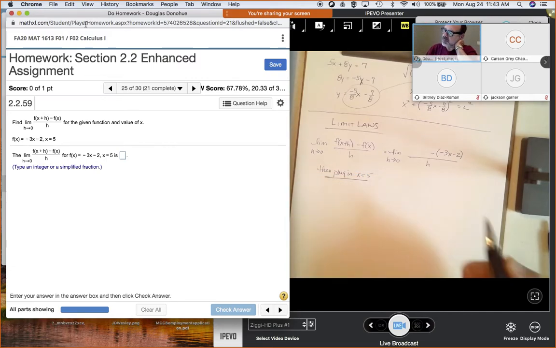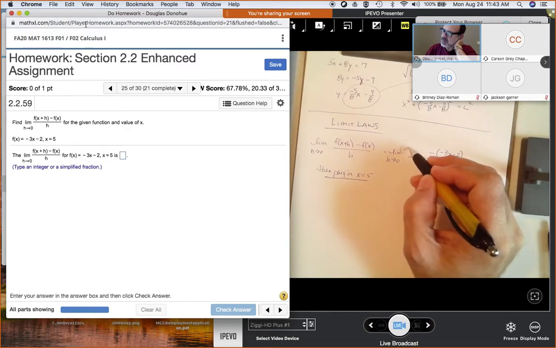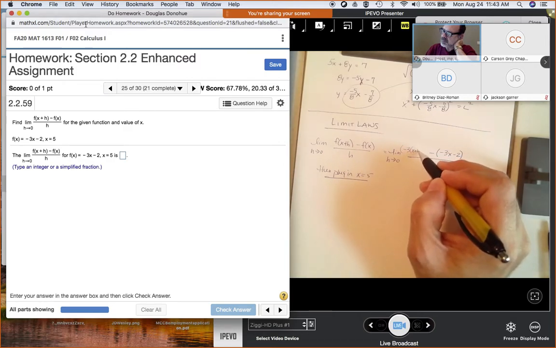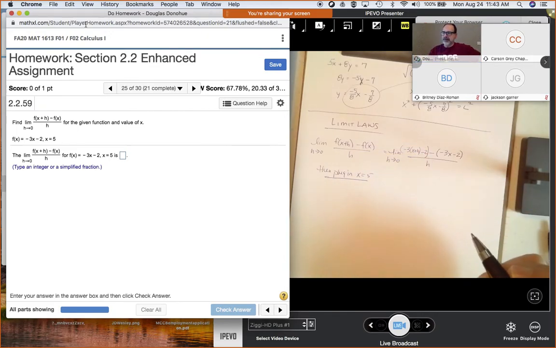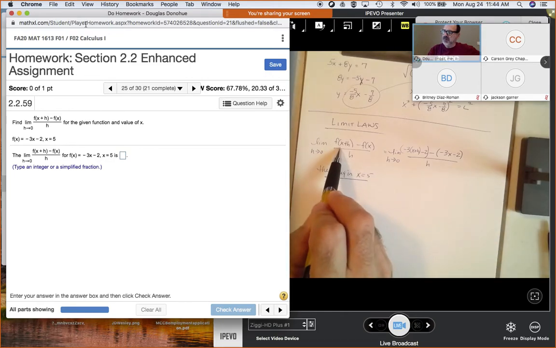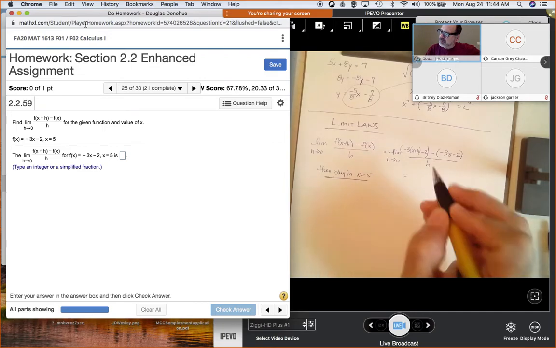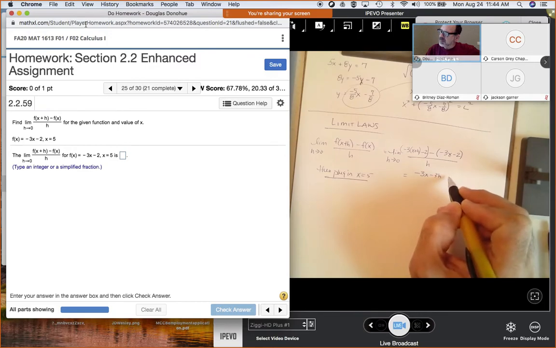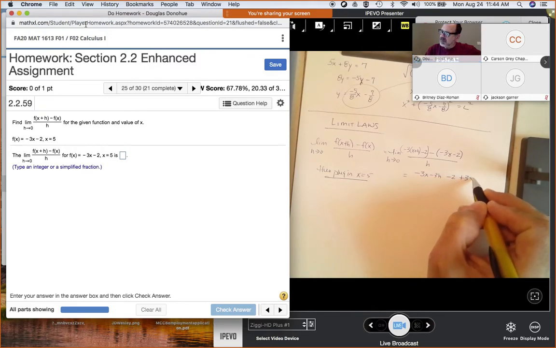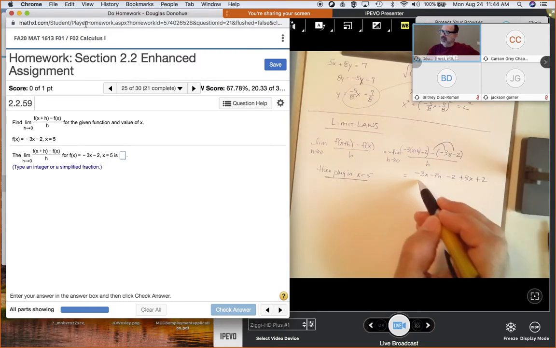So f of x plus h will be -3 times x plus h minus 2. Right? We plug x plus h in where x used to be. So that's going to give me -3x, -3h, -2, +3x, and +2, because don't forget that negative sign will distribute, all over h.